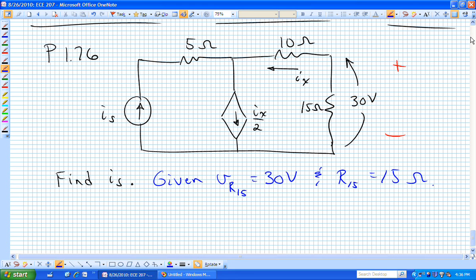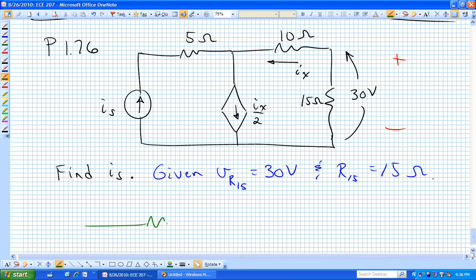If I'm given a resistor, V sub R, and I sub R is here, and here's R, I know that V sub R is equal to R times I sub R. If it's not making sense, I just create my own quantities.